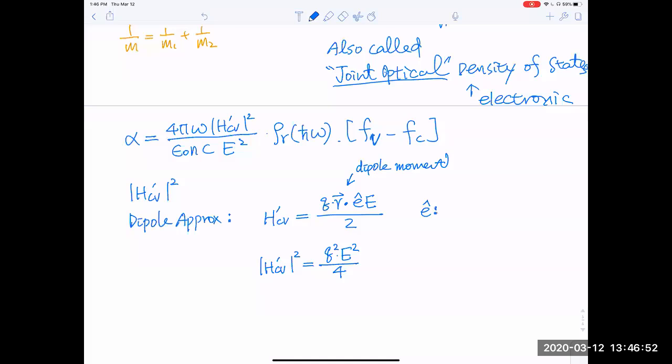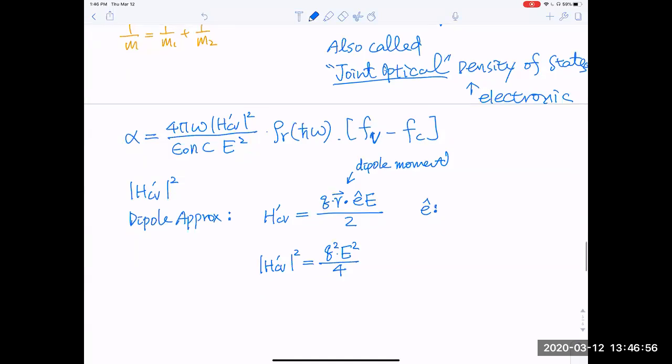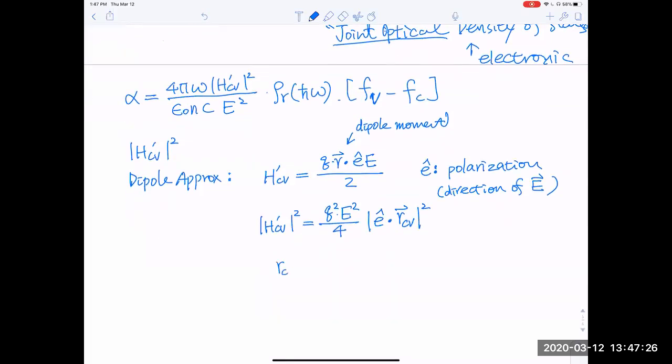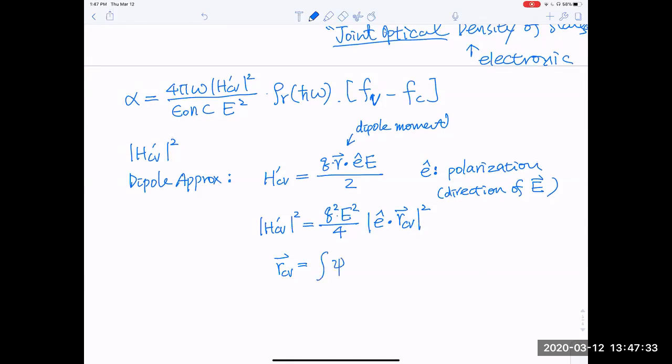E cap is the vector direction of the optical field, which we call polarization, basically the unit vector of E. So I can take E out, and the square becomes (E cap dot r_cv) squared. r_cv is basically the integral of the conduction band wave function times r times the valence band wave function, integrated over space.